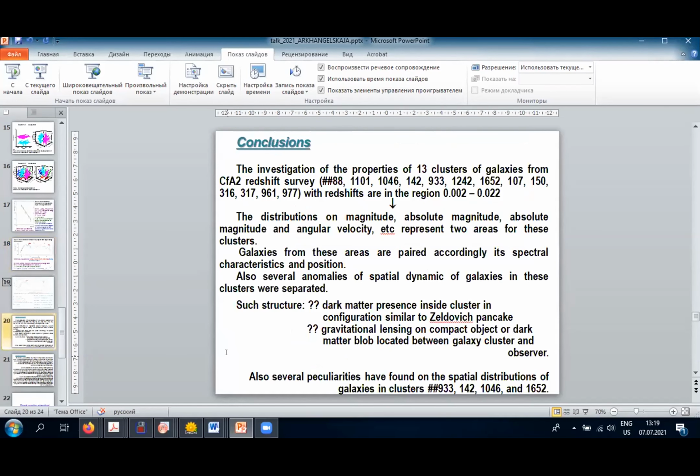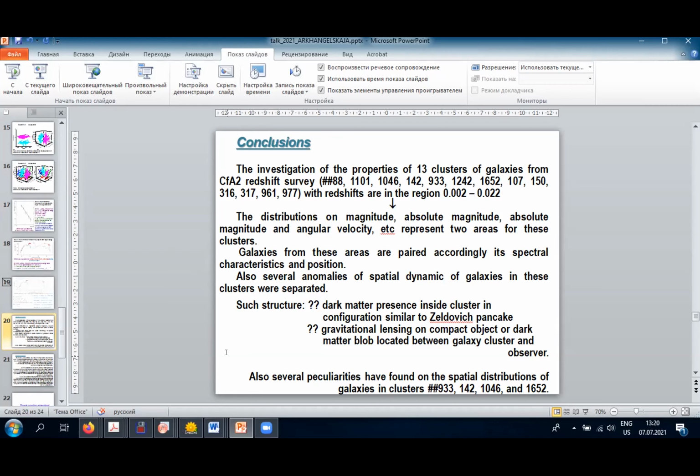So then, conclusions. I present preliminary results of the investigations of properties of 14 clusters of galaxies from the CfA2 redshift survey, with redshift in the region from 0.02 up to 0.022.